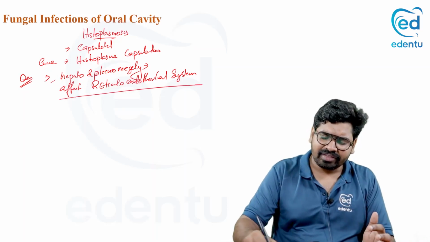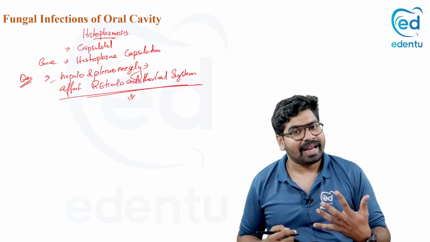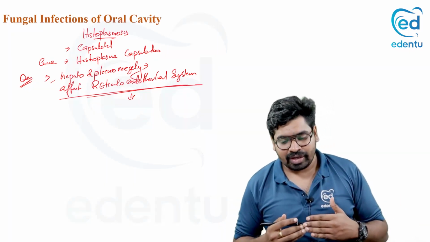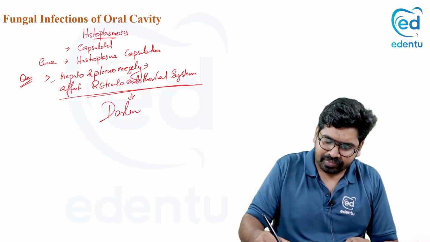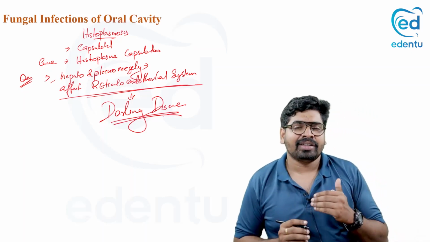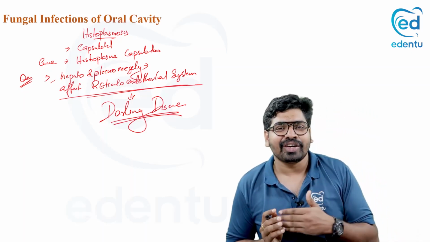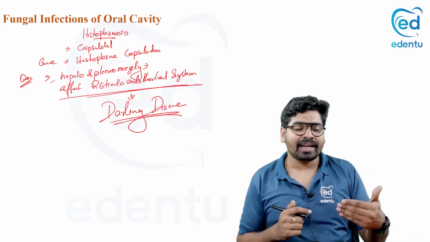So as it affects the reticuloendothelial system, it affects your liver, spleen and blood. It is called Darling's disease. That is an easy way to remember: histoplasmosis is called Darling's disease.